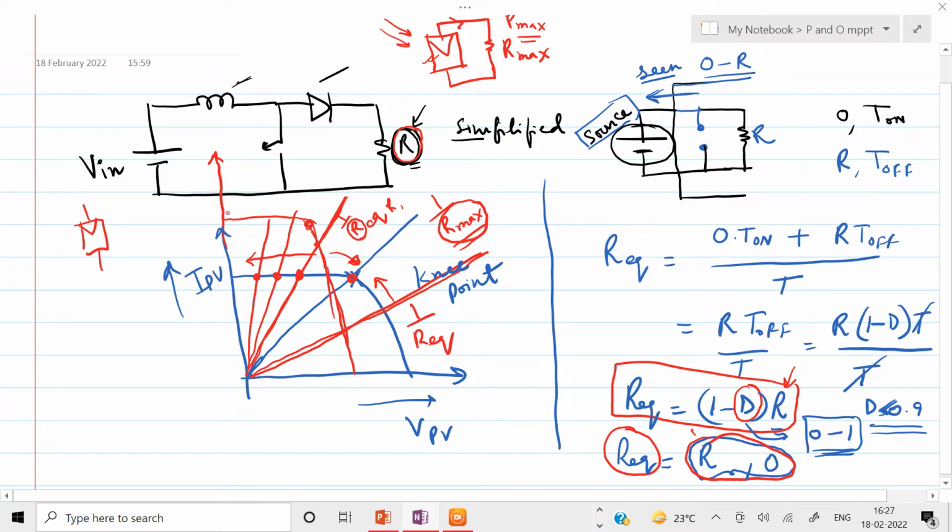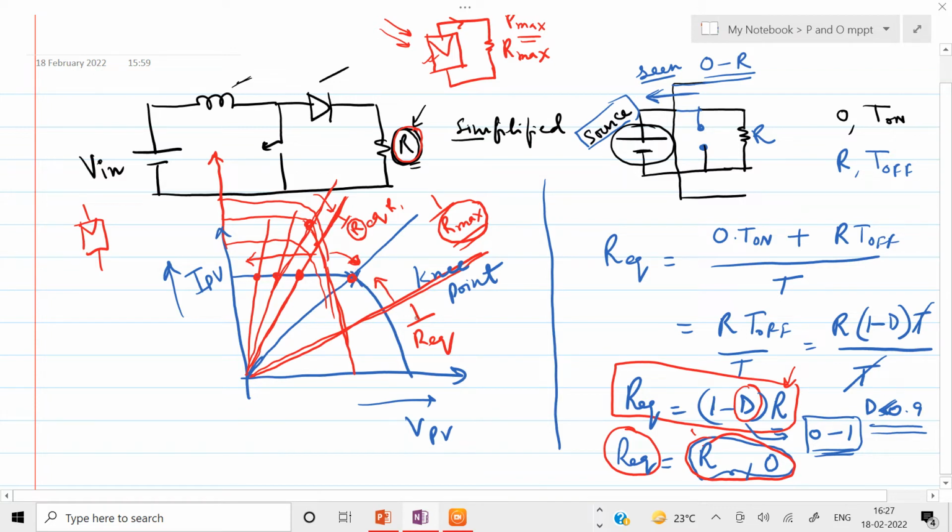And moreover, the variation of the curve because of the change in insolation should also be such that this line is always on the right side of this curve. Is it clear?